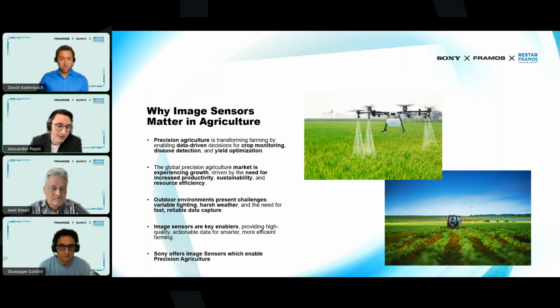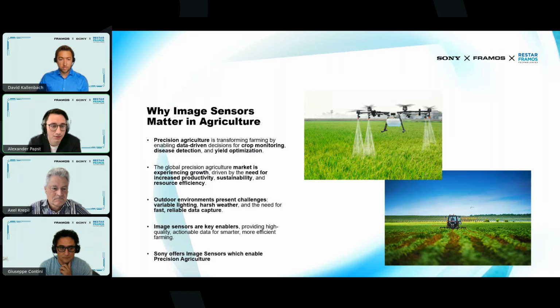On the other hand, there are of course also challenges when we're talking about visual sensing in those tough outdoor farming environments. Those are incredibly demanding, and you're dealing with variable lighting conditions, from harsh midday sun to overcast skies to dawn and dusk operations. You're facing harsh weather conditions.